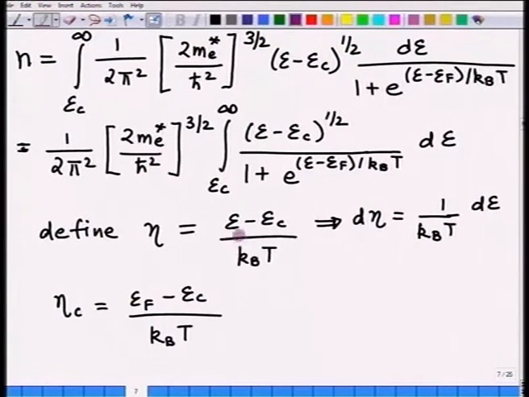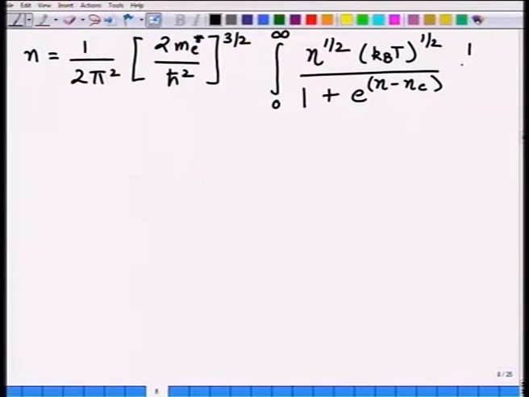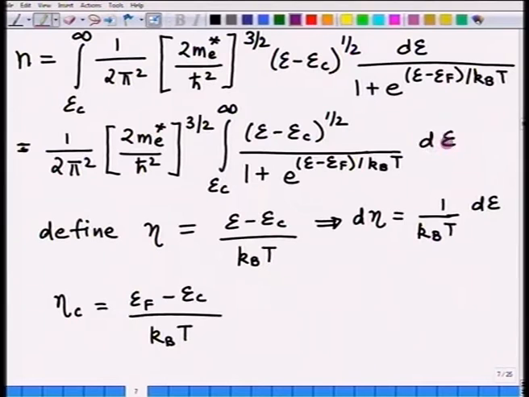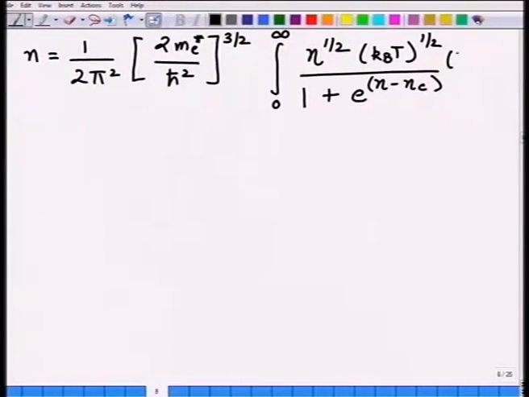Eta minus eta c is essentially equal to E minus E f. So, therefore, I will write this as 1 by, and then I am going to write this as d E, I am going to substitute as k b T d eta.